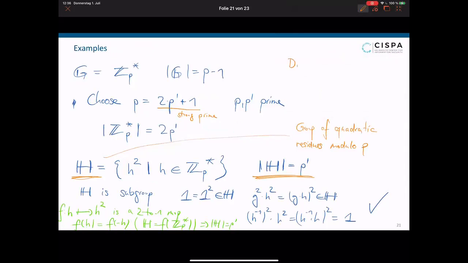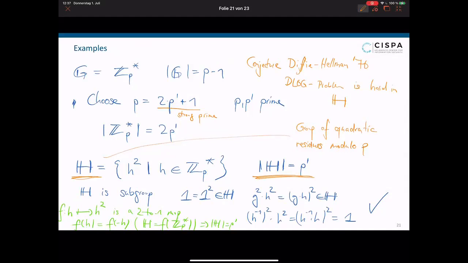This was a conjecture or assumption by Diffie and Hellman in the year 76, that the D-log problem is hard in H.